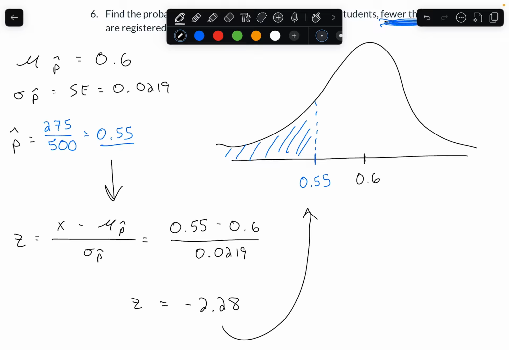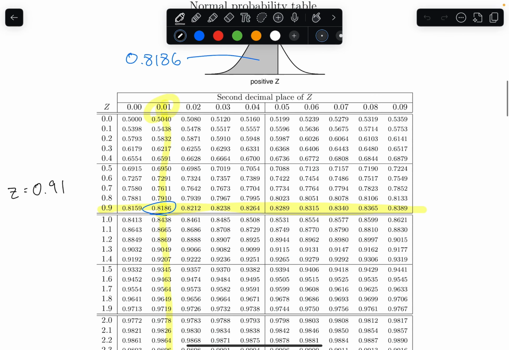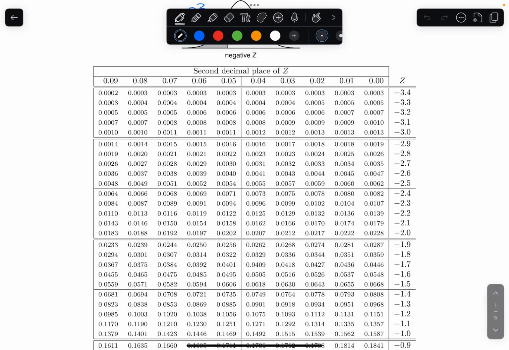The last thing I need to do then is find the area to the left of this using my z-table. Hopping back to my normal distribution, we said negative 2.28, so we're going to take a look at my negative z-scores right here. Negative 2.2, we must be talking about this row right here, and 8, we're talking about this column. So the area to the left in this case would be 0.0113.